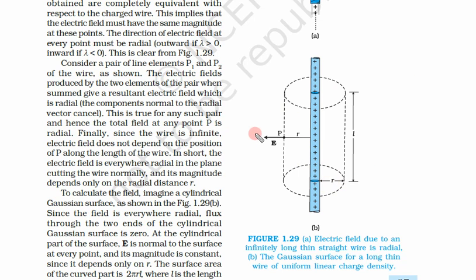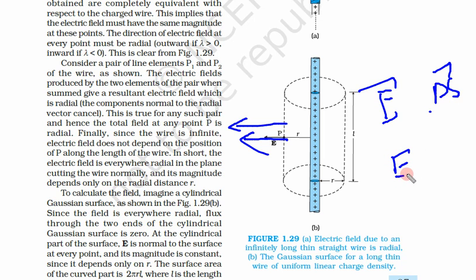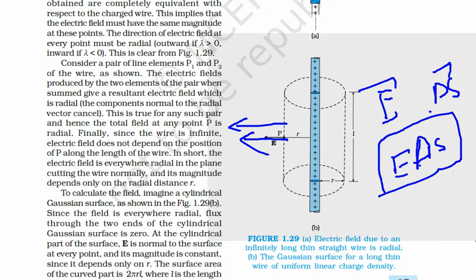In each and every case, the electric field is outwards, and the normal of the surface is also outward. Hence E dot delta S is always E delta S, because cos theta is cos 0, that means 1. So this is the whole story till now.